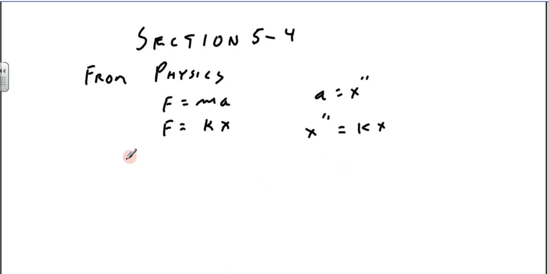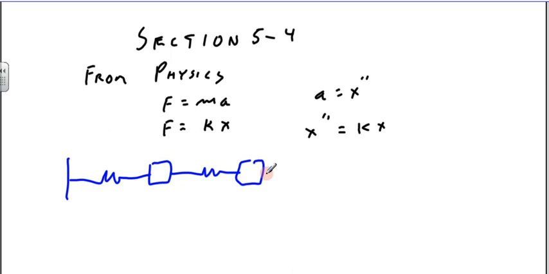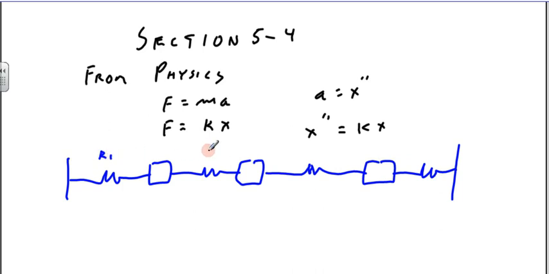Okay, so now we have something that's weird. We have a barrier and a spring and a mass and another spring and a mass and another spring and a third mass and another spring and hooked on to some wall. And we have a K1 and a K2 and a K3 and a K4 for the stiffnesses of those springs.